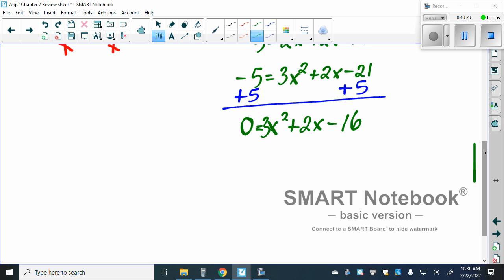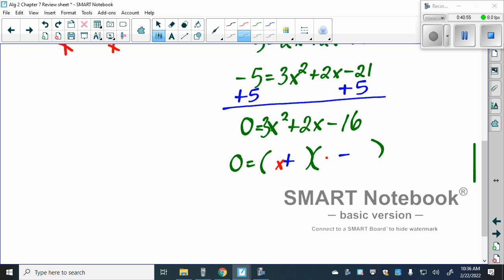We can graph this if we wanted to, but I do know I'm going to get a fraction. Because what's the number in front of x squared? 3, because we have 3x squared. So most likely there's going to be a fraction that does occur. So if we factor this, since the 16 is negative, our signs are opposite.